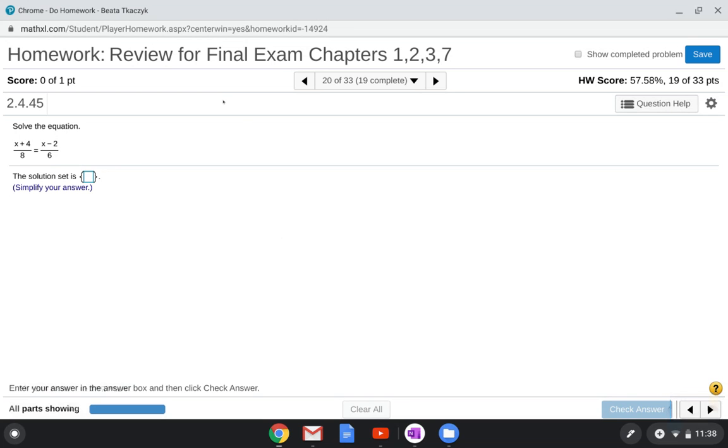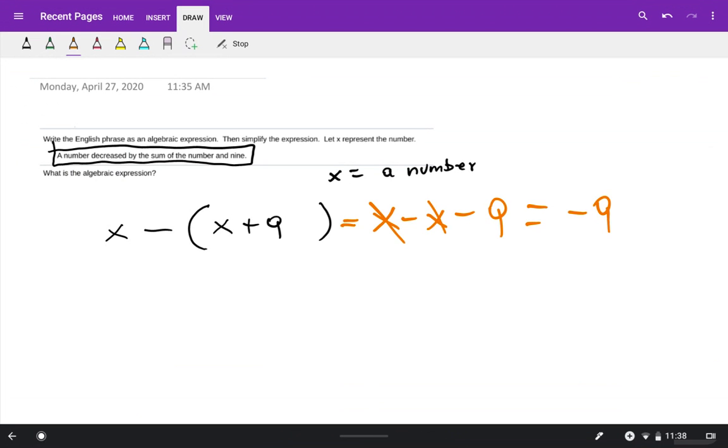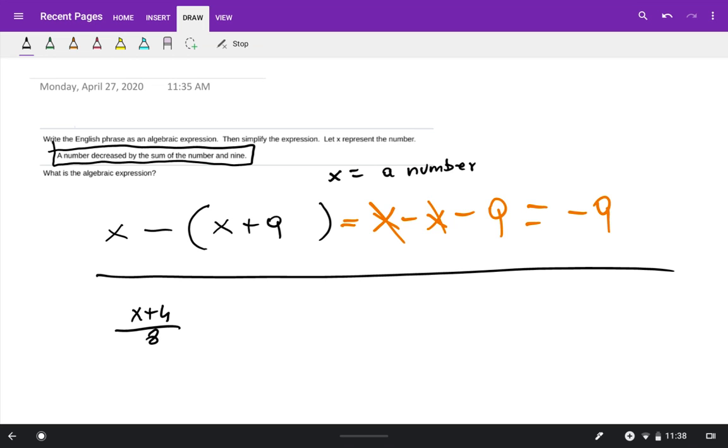I love those types of questions because you just need to cross multiply. You have x plus 4 over 8 equal x minus 2 over 6. So let's go back here. Next question. x plus 4 over 8 equal x minus 2 over 6. Let me just check if that's correct.